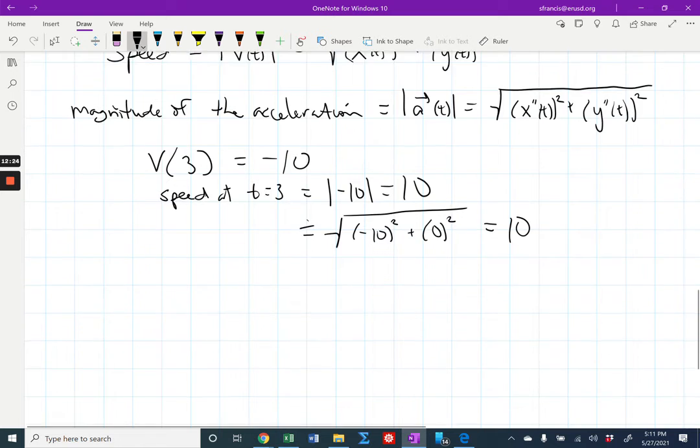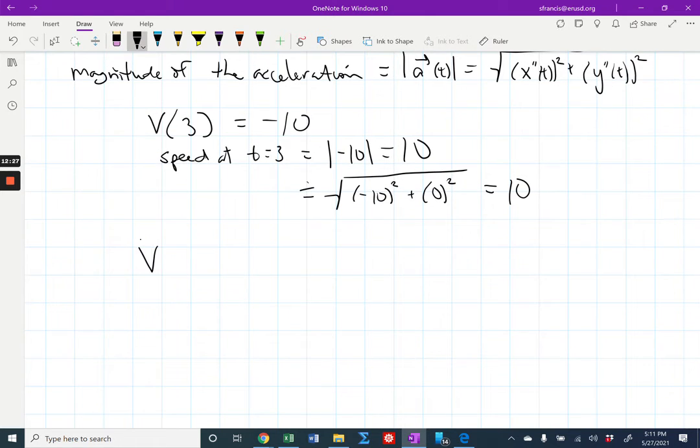So now if I know that the velocity of some object moving in 2 dimensions at t equals 3 is given by the vector -10, 8, that's fine, doesn't really matter. And I want the speed, then how do I find that?